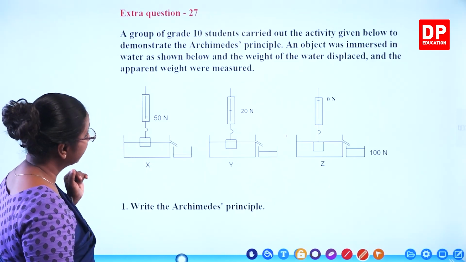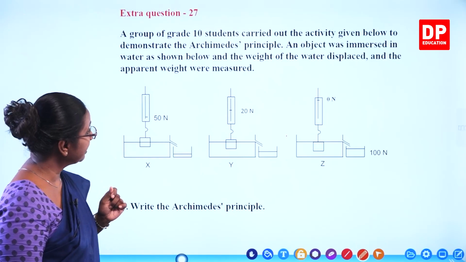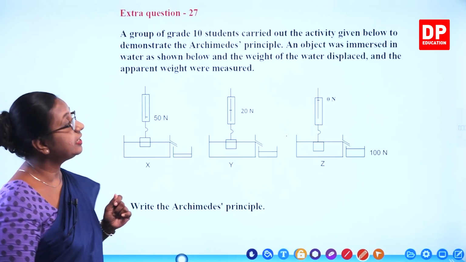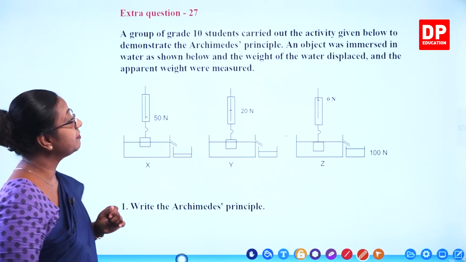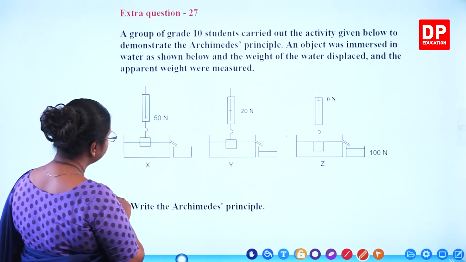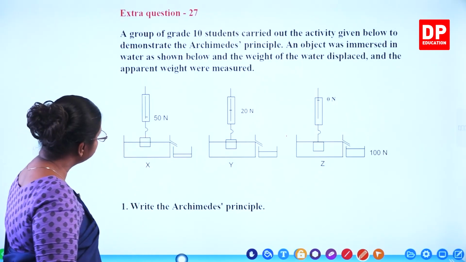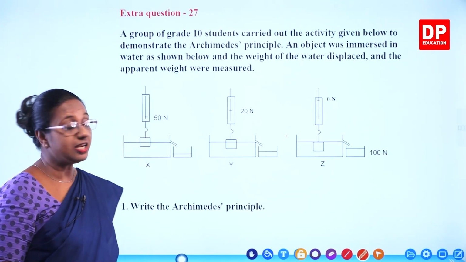That is the Archimedes Principle. So, an object was immersed in water as shown below and the weight of the water displaced and the apparent weight were measured. So, here you can see there are three diagrams given. In instance X, you can see the object is half submerged in water.